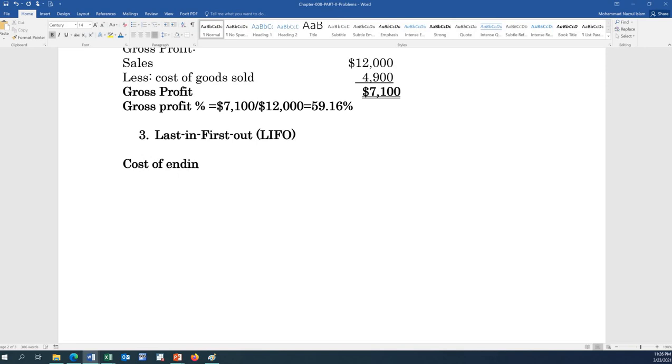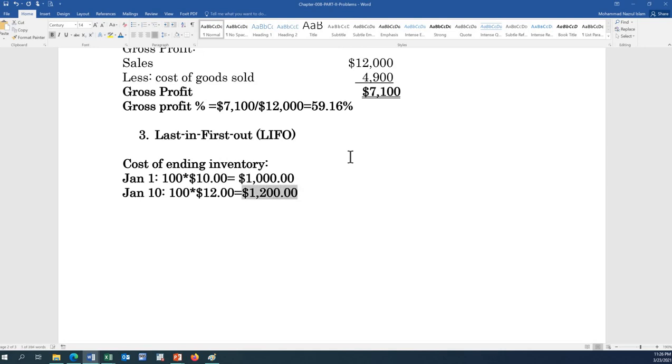So our cost of ending inventory would be, from January 1st, $10 multiplied by 100, so it's going to be 1,000. And from January 10 we have 100 more, and the cost is $12, so total it's going to be 1,200.